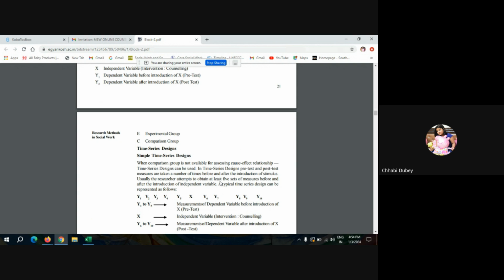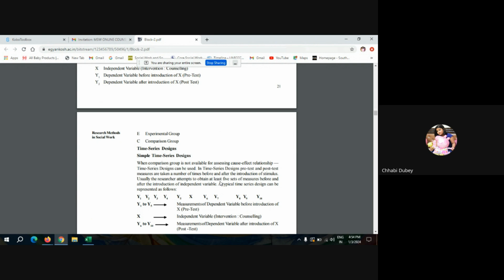In time series designs, the pre-test and post-test measures are taken a number of times before and after the introduction of the stimulus. So before we introduce the stimulus, we take the pre-test measure, and then we take the measurements again after the introduction of the stimulus as part of the post-test measures.